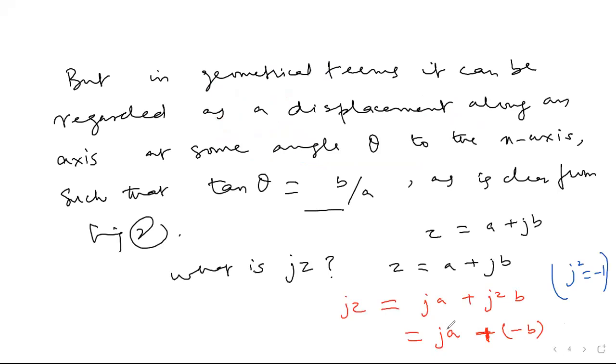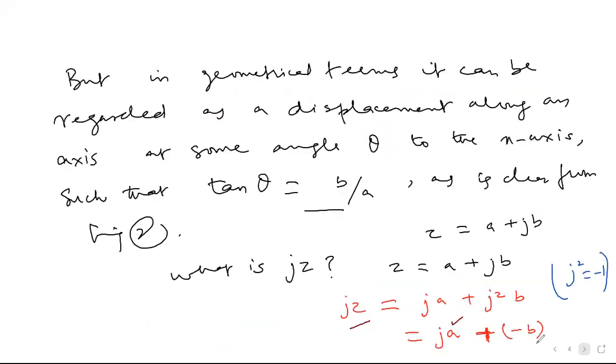Understand it. The thing attached with j is the y component of the vector. That is a. And the thing without j represents the x component.